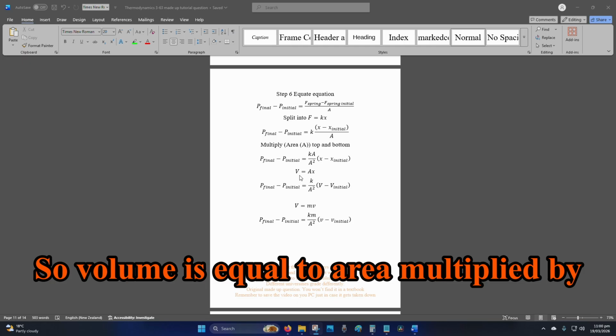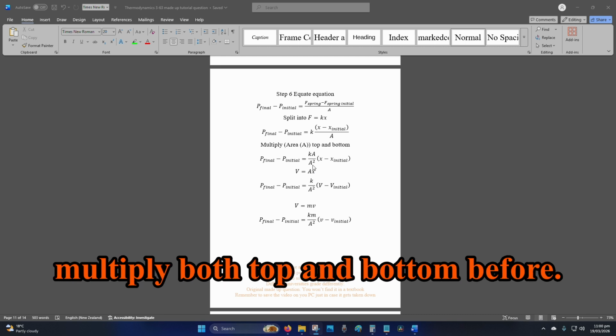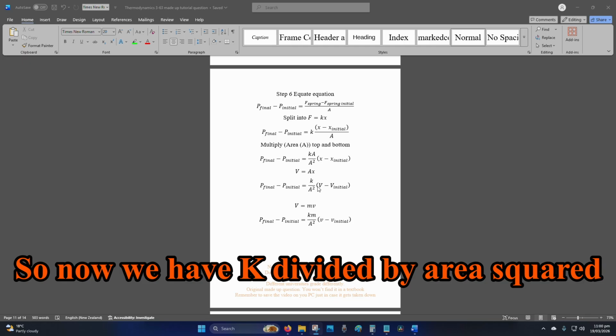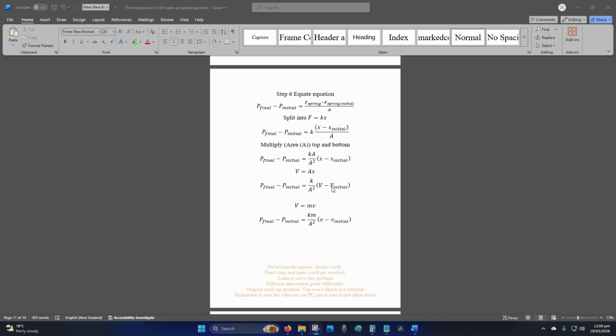Volume is equal to area multiplied by distance. So that's why we had to multiply both top and bottom before. So now we have k divided by area squared multiplied by the change in volume.